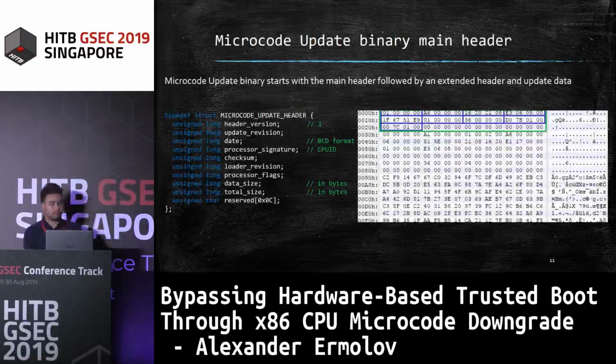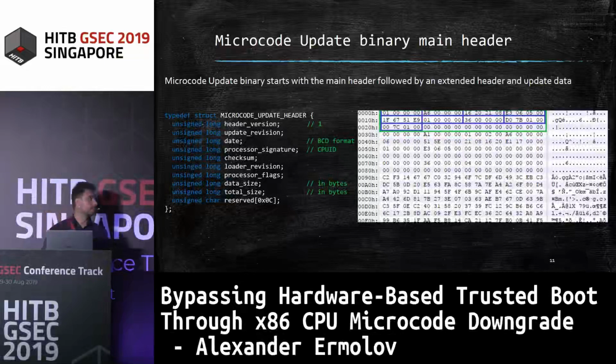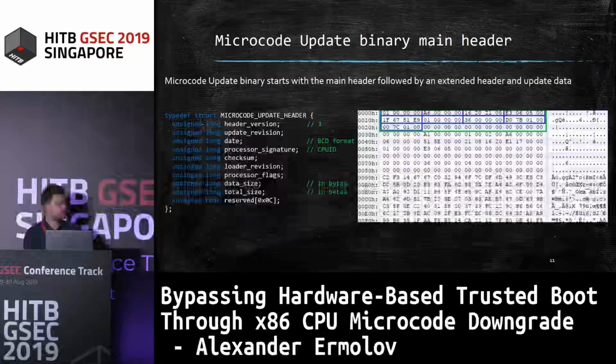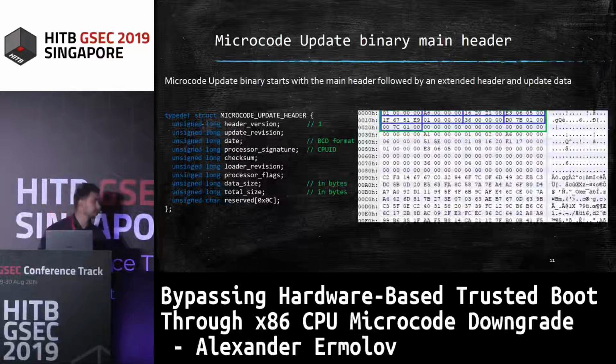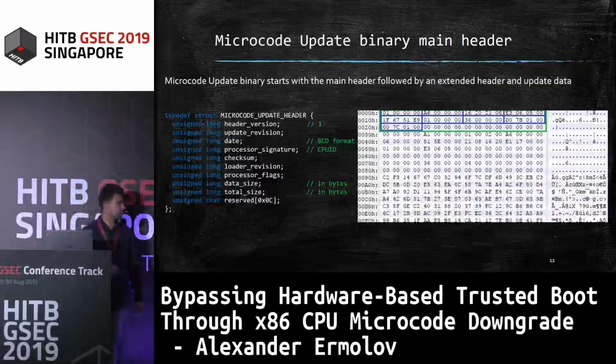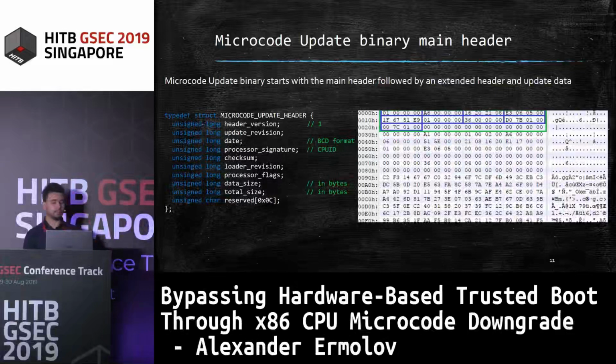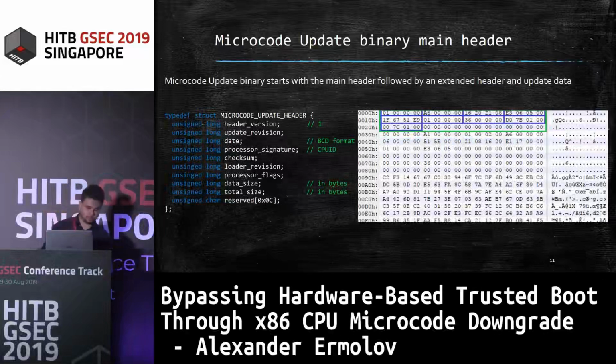If you look at the microcode update binary file, we can see two headers. The first one is the main header. It has some usual fields like sizes and versions, and the most important field for us here is the processor signature field, which says the CPU ID of the processor to which this microcode update is intended to be applied.